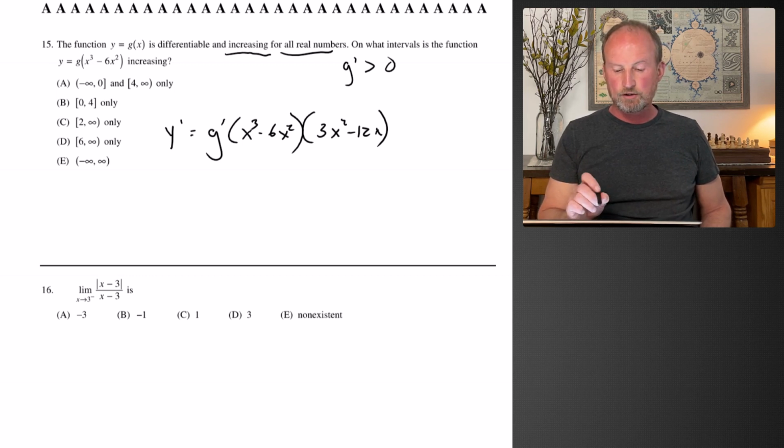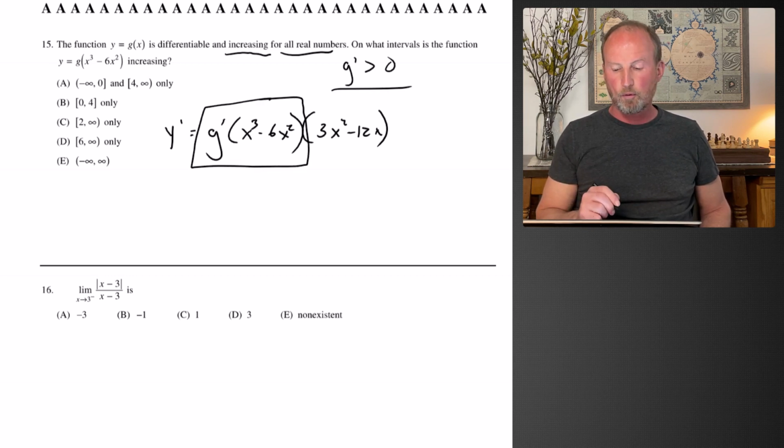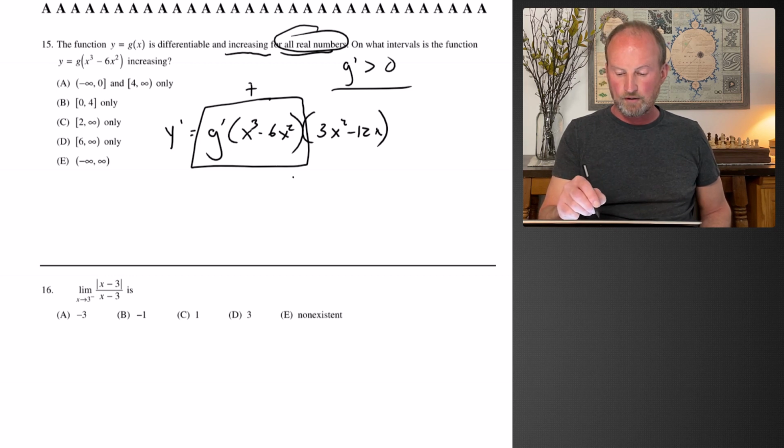Okay? So, g prime of x cubed minus 6x squared. This is always greater than 0 for all real numbers. This is always positive. So let's look at this function over here.